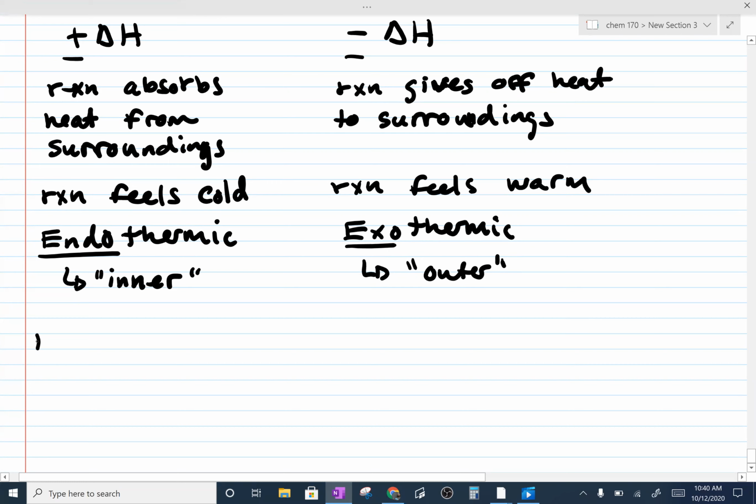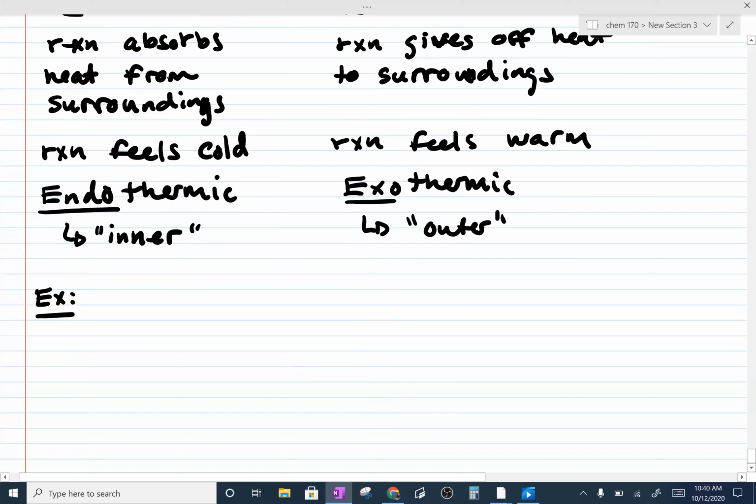Let's do some examples. We did this example in, I think, chapter 1 when we talked about state changes. We want to identify whether each of these processes is exothermic or endothermic. How about if we have an ice cube melting on the counter? So I took an ice cube out of the freezer, I put it down on the counter. What's happening here?